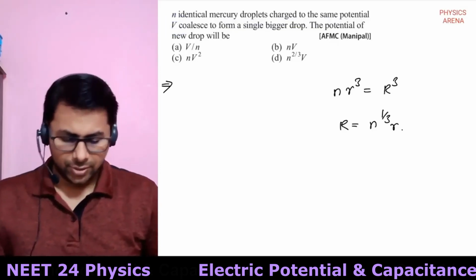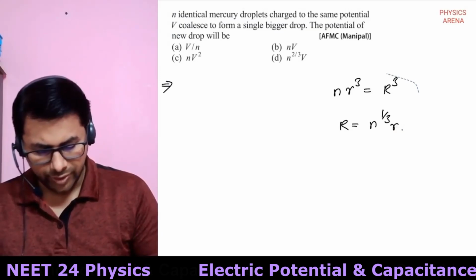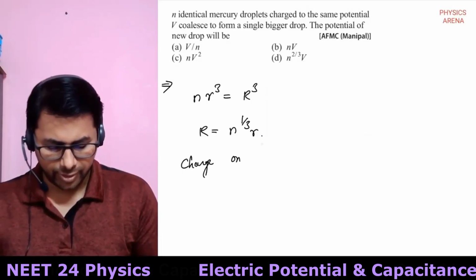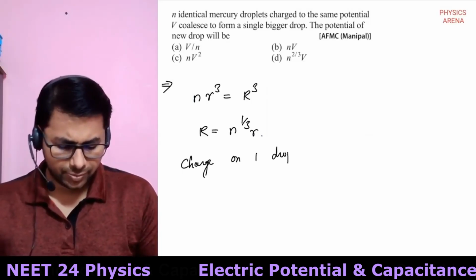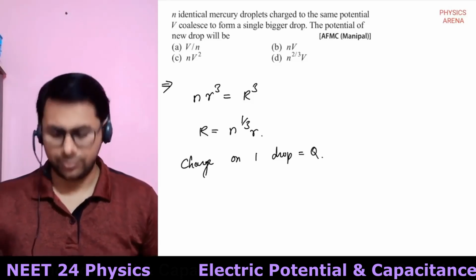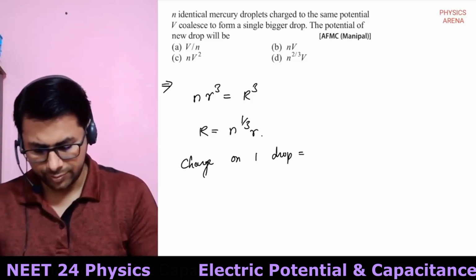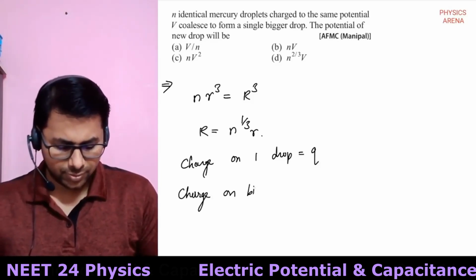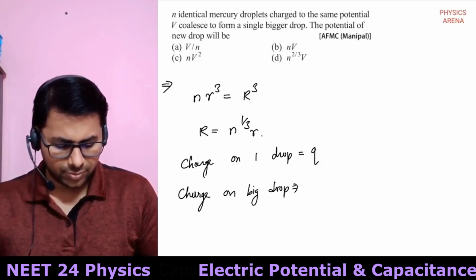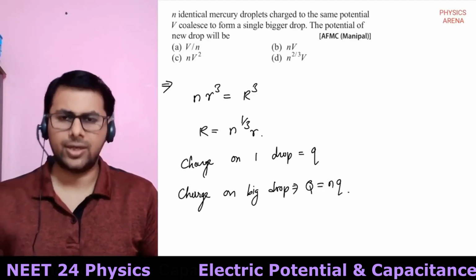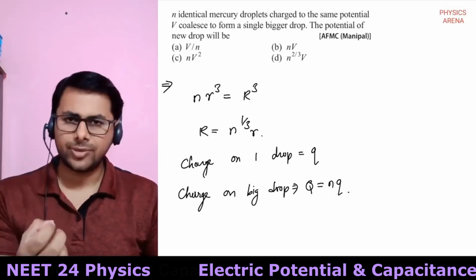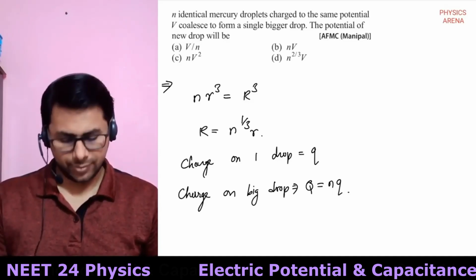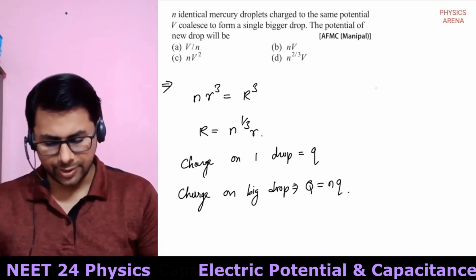Okay, that is fine. So now what will happen to the charge? Suppose the charge on one small drop is small q. Charge on the big drop, Q, will be equal to n times q, because there are n total drops and they are combining. So what will be the capacitance?